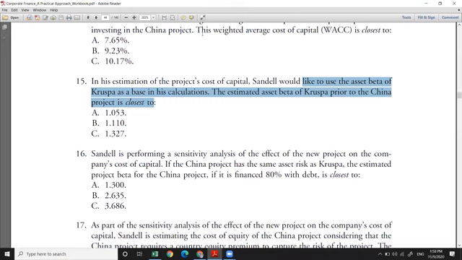Let me quickly calculate the unlevered beta. Here you're just doing straightforward plugging in of the numbers.